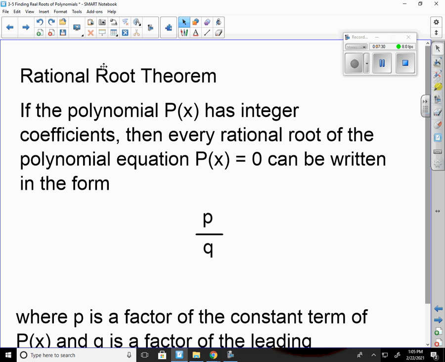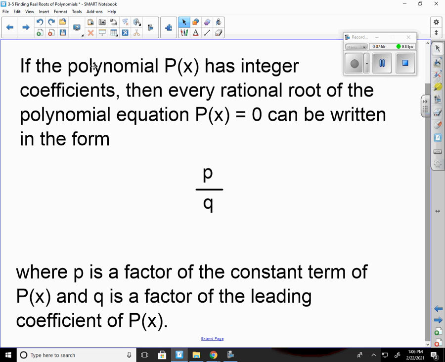All right, so that takes us to the rational root theorem. If the polynomial p of x has integer coefficients, in other words, if it's a whole number for each coefficient, then every rational root of the polynomial equation p of x equals 0 can be written in the form p over q.